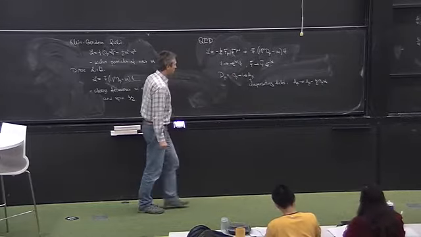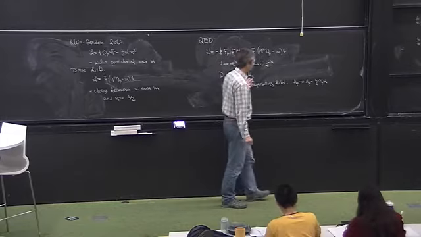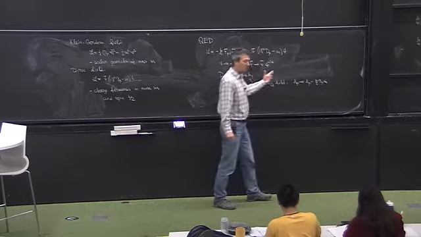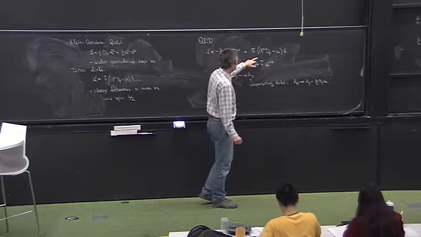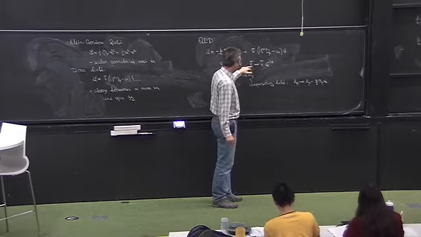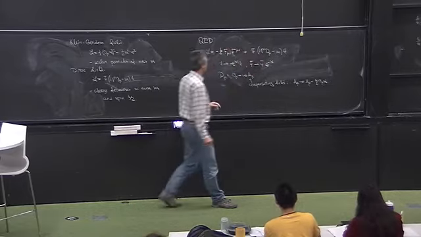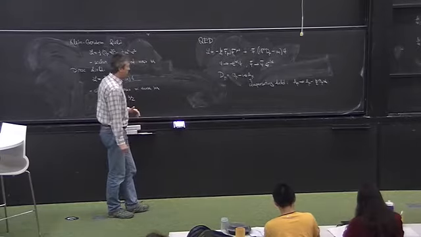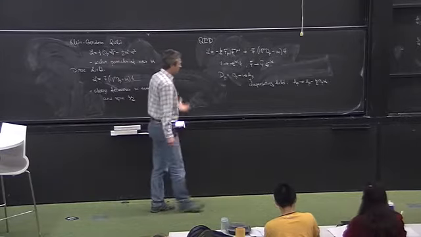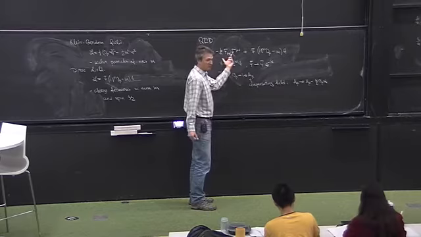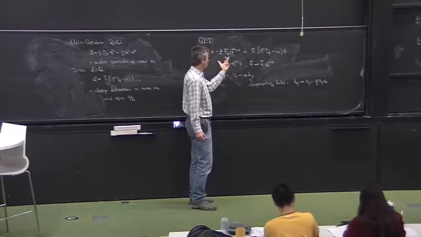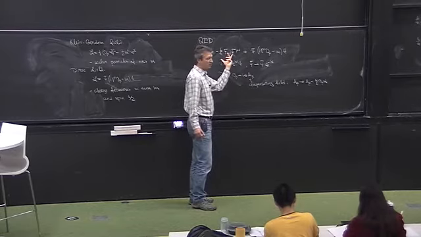And so it gauges away the non-local, the derivative term in the transformation of the Lagrangian. But it has to be a dynamical field, so we have to write some Lagrangian for it. And in fact, this is the only Lagrangian that you can write that would contain two derivatives.